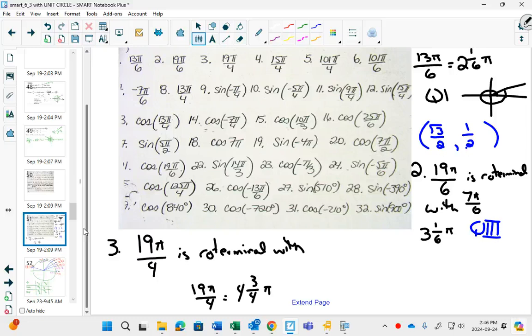That's going to end in quadrant 2. So what's our quadrant 2 pi over 4 family? 3 pi over 4. And if you wrote the coordinates, oh, I didn't do the coordinates for the last one.